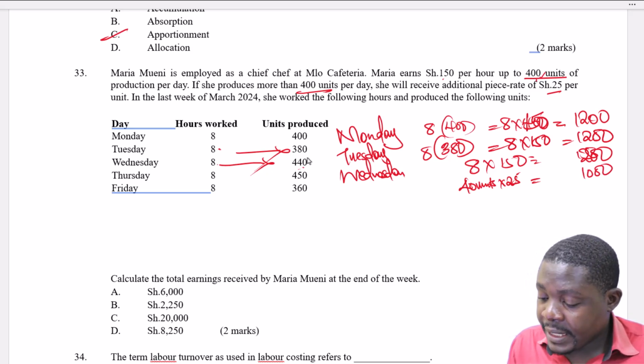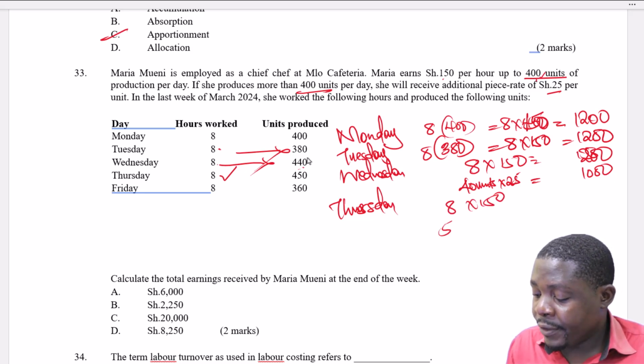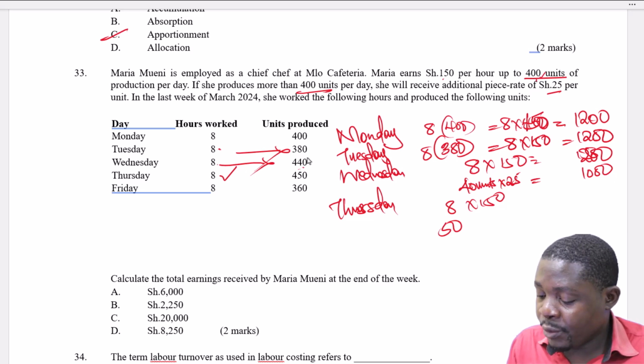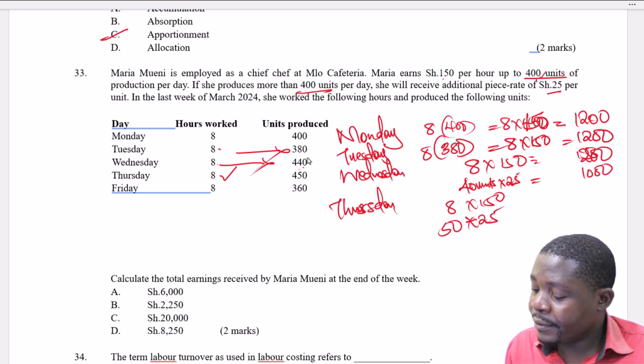And then on Thursday, equally we have 8 multiplied by 150, and then 50, because 450 minus 400, multiplied by what? 25.